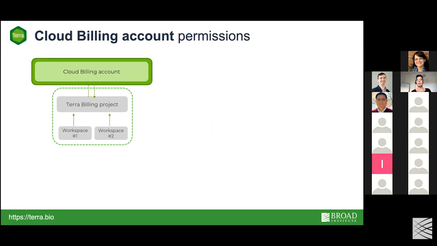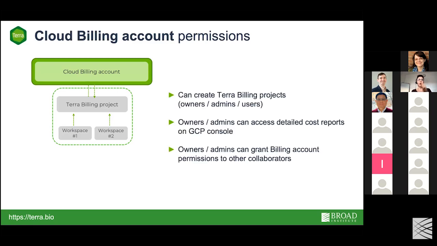Let's start at the top and talk about what permissions allow you to do what things. So at the cloud billing account level, owners and admins and users can all create Terra billing projects.